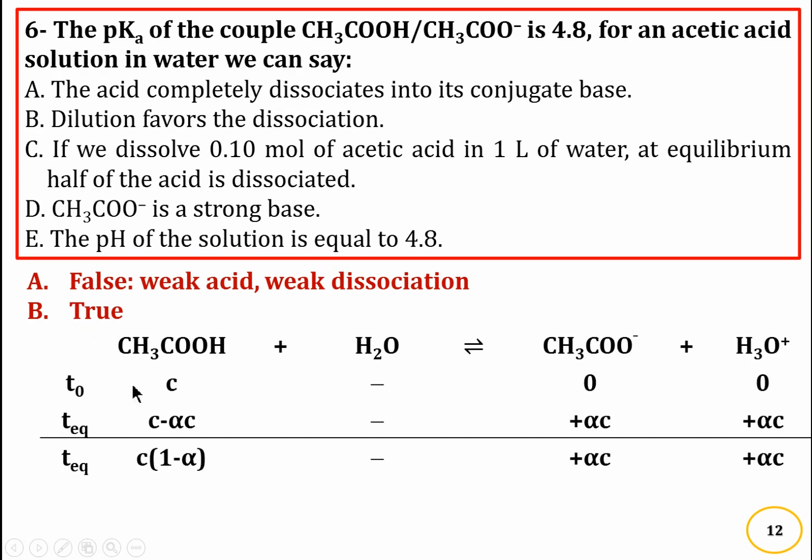We consider the equilibrium of acetic acid in water to acetate and H3O+. At t equals 0, the concentrations are C, 0, 0.